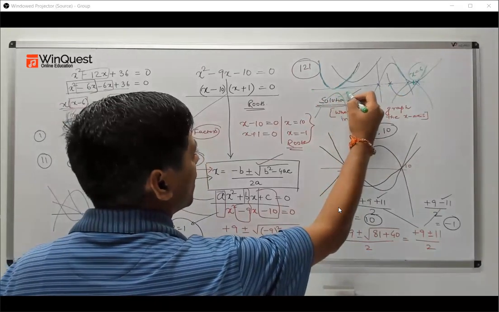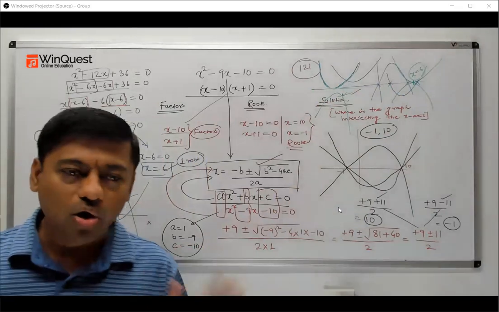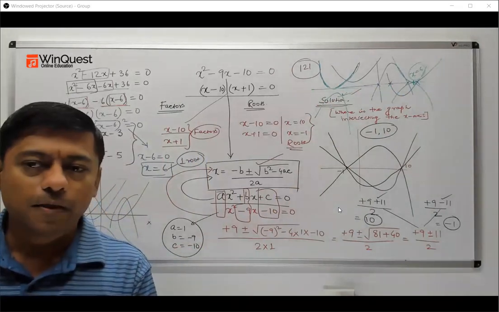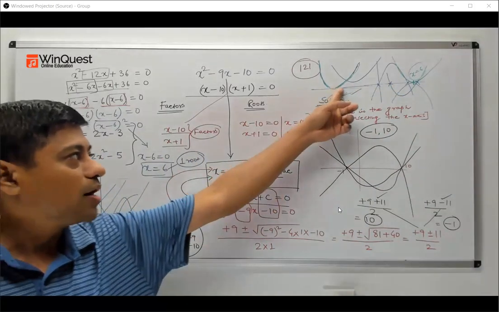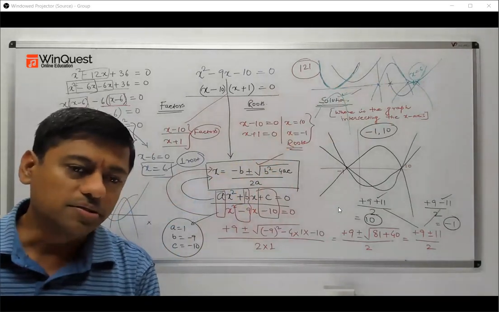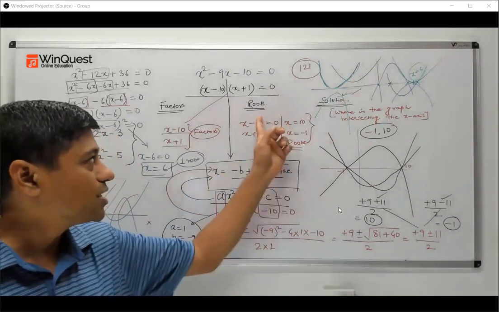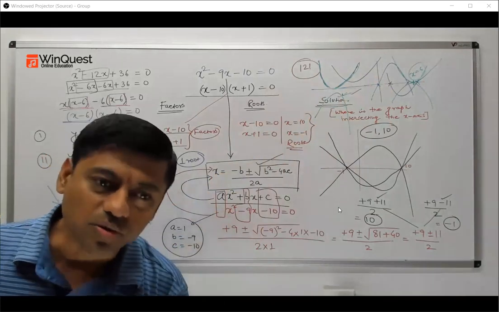This particular graph, there are solutions, but they are not real solutions. That means, if a parabola is not intersecting the x-axis at all, then the roots or the solutions are not real values, they are imaginary values.